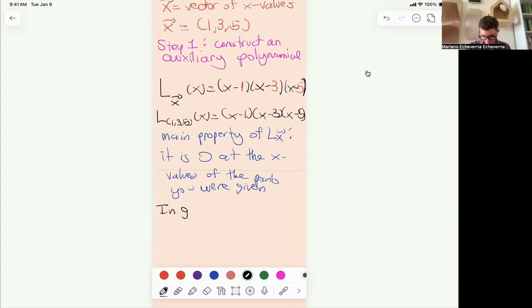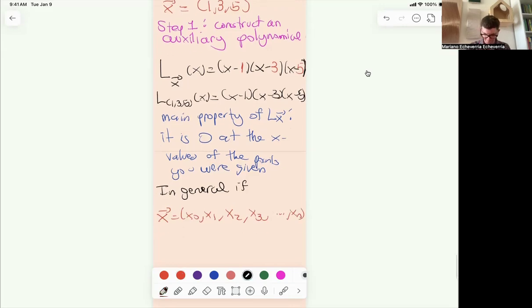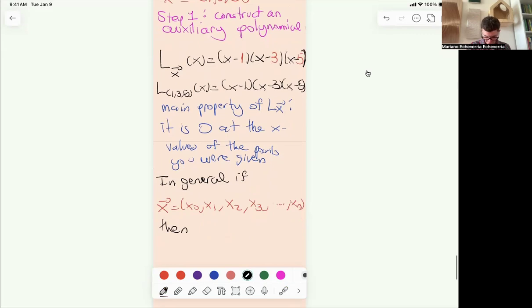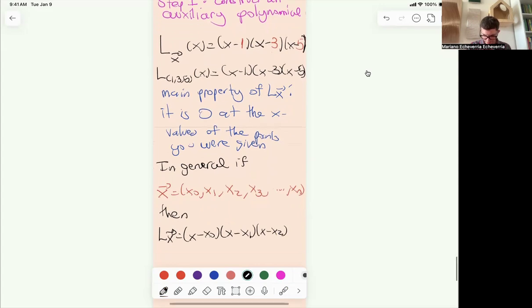So in general, if the x values had been x0, x1, x2, x3 up to xn, because you were given n plus 1 points, then this polynomial L of x would have been x minus x0 times x minus x1 times x minus x2 up to x minus xn.